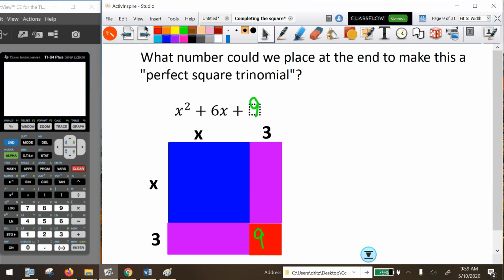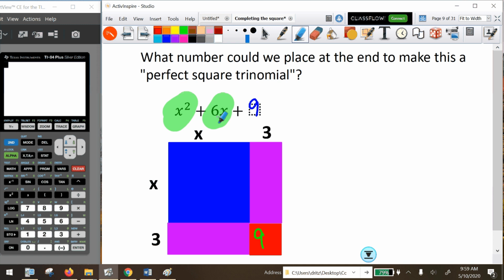Now let's see how this 9 relates to the rest of the polynomial. The number that you put in here that completes the square has a relationship between the other two parts of the polynomial. It is related to these two parts.